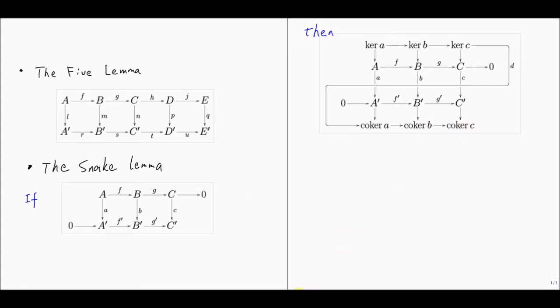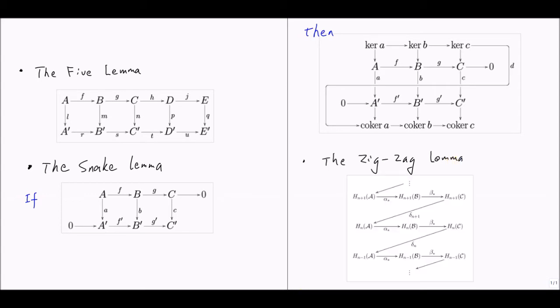And the short exact sequence of chain complexes induces a long exact sequence of cohomologies, which is also called the zigzag lemma. So A, B, C here are all chain complexes, and they form a short exact sequence.